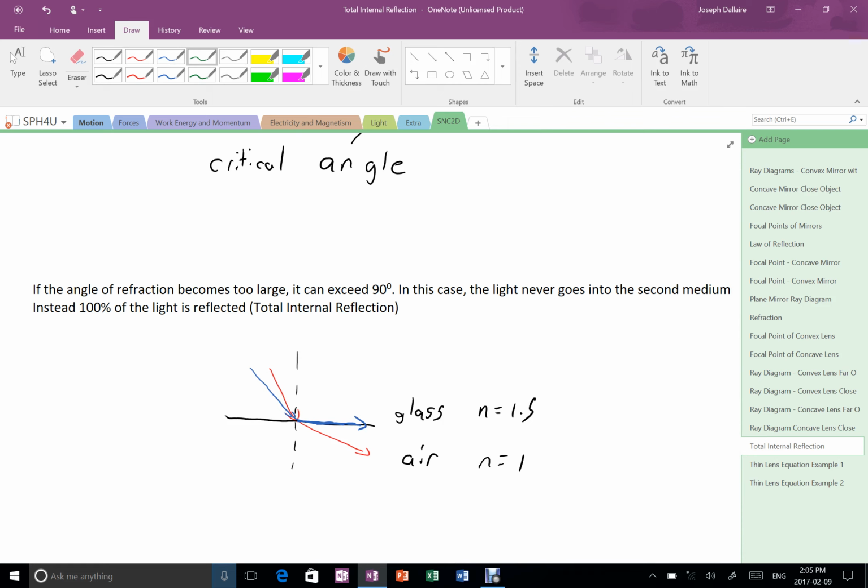If I come in with any angle that's greater than that, instead of it trying to refract into the second material, it will instead reflect back within the glass. This is called total internal reflection. There's no angle of refraction possible, or there's no angle on which that light can be transmitted, and so what it means instead is that 100% of the light is reflected.